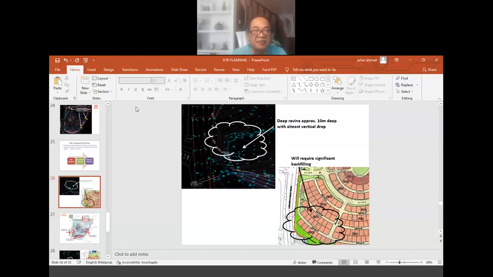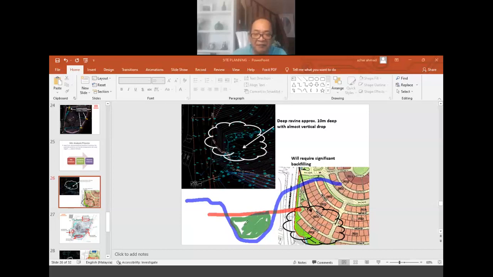So what I'm saying is that we have a deep ravine here, and we are proposing certain levels. This will be our proposed level. It means that all the soil below this will be a fill area.